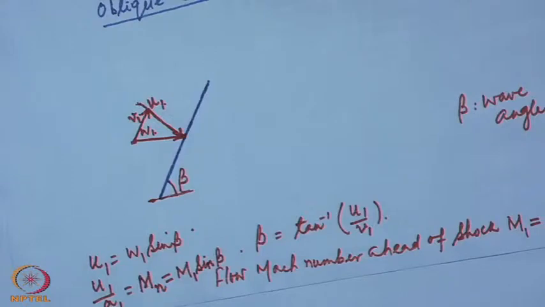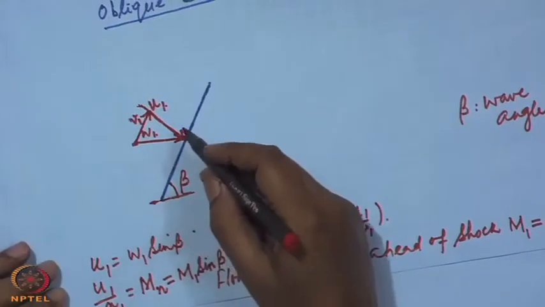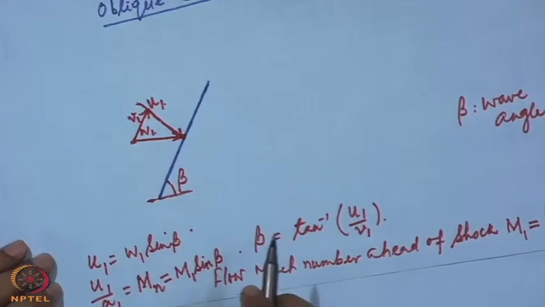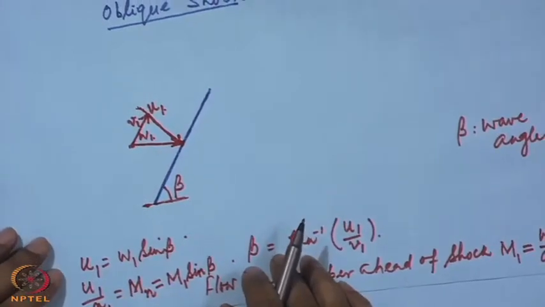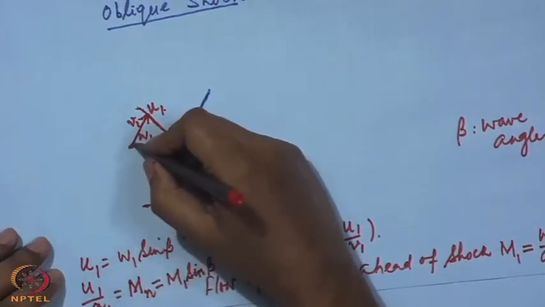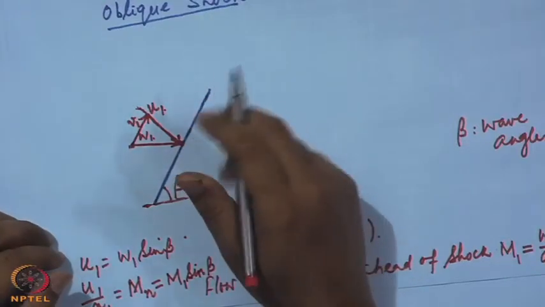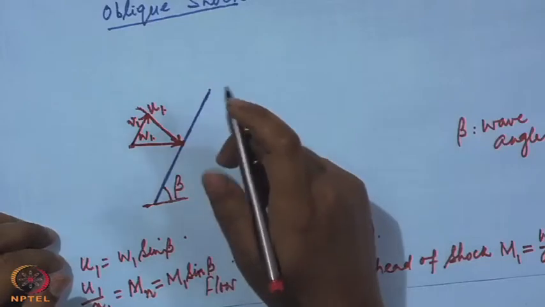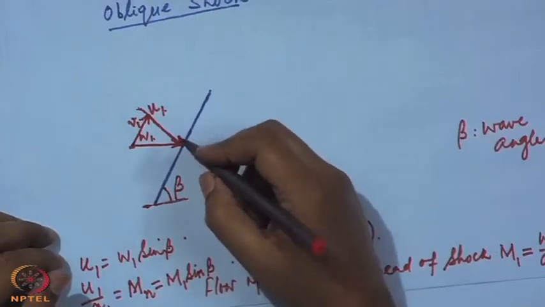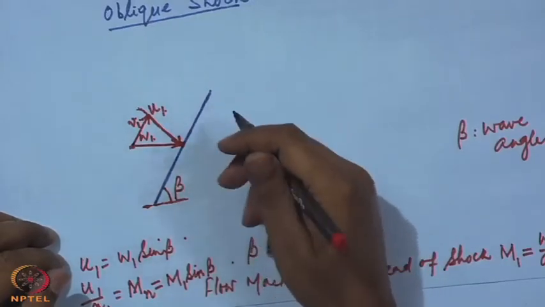Now, considering these two components of the flow velocity, we see the component v1, the tangential component, is parallel to the shock and does not cross the shock and hence is not affected by the shock.